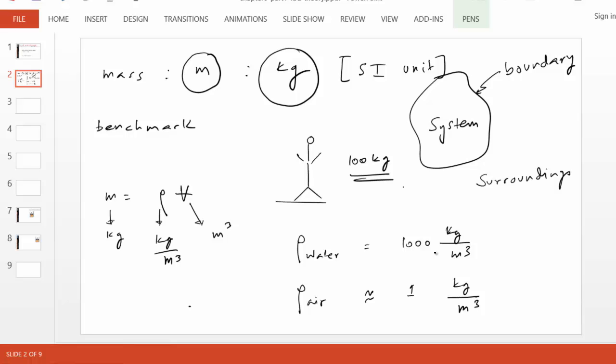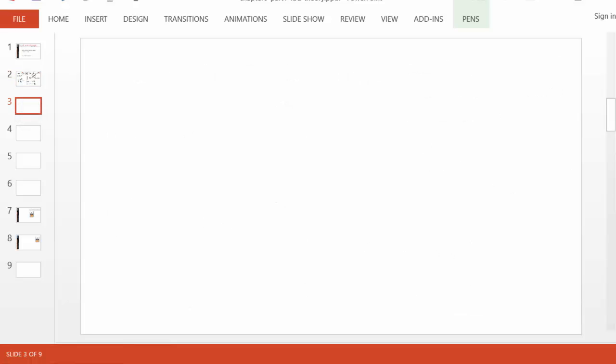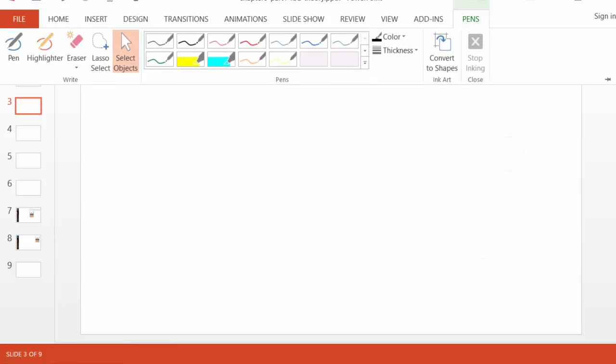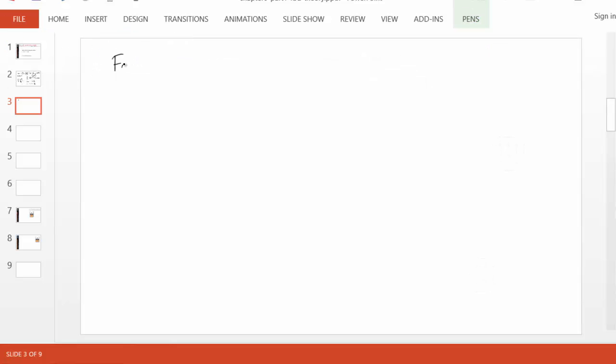Okay, let's go into force. Again, these are all familiar concepts. I'm just going to quickly brush over them. The force, the symbol is F, and in mechanics we use the unit Newton. Unfortunately, Newton is a very small quantity.